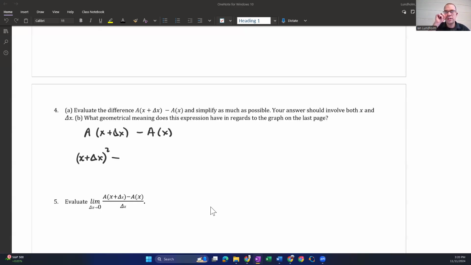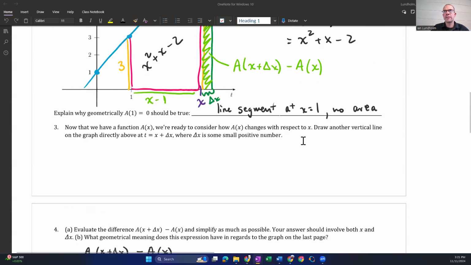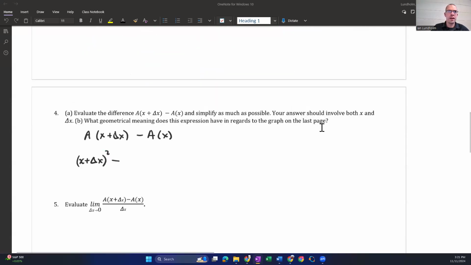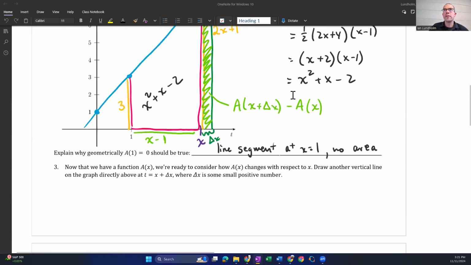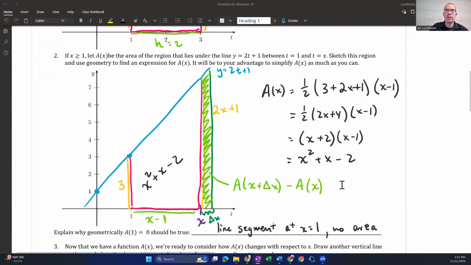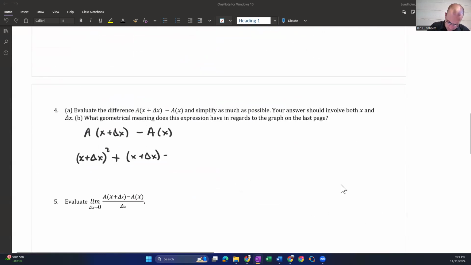And then we're going to subtract off an x, right? Nope, we're going to add on the x. Okay, sorry. That's plus x plus delta x, and then minus 2. And we're going to do the same thing, plugging in x. So we get minus this whole thing where we've got x squared plus 2x. No, not 2x, just 1x, minus 2.